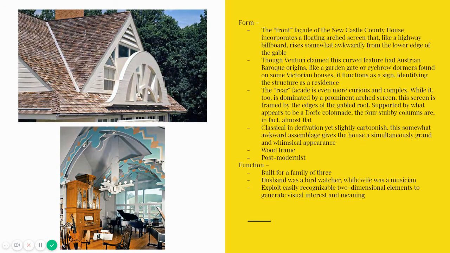Venturi claimed that this curved feature had this Austrian Baroque kind of origin to it, like inspired by a garden gate, or dormers that were found on some of the Victorian houses. But it functions more like a symbol, is what I would say, that identifies the structure as a residence.